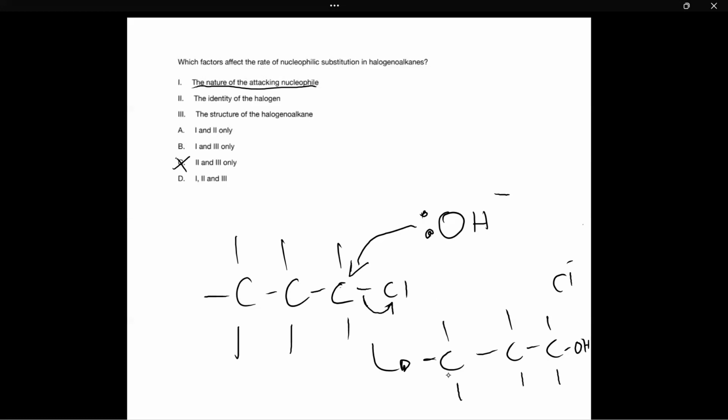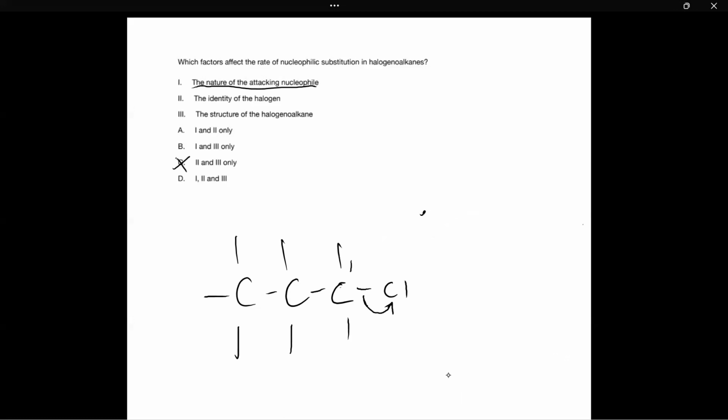So I've already mentioned that nucleophilic substitution, for the IB course, you learn about with regards to halogenoalkanes. So I'm going to take the same example again, which is 1-chloropropane. So does the identity of the halogen matter? Yes, it does.